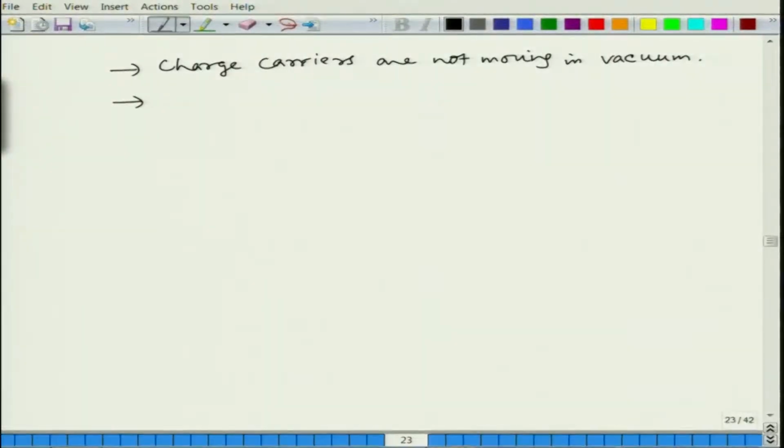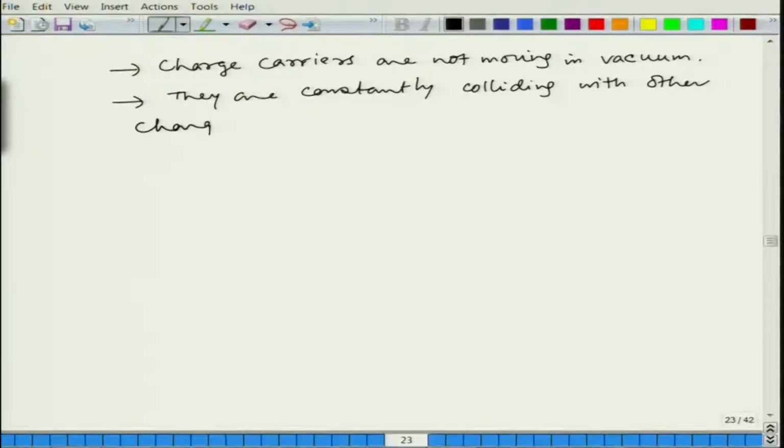So, they are constantly colliding with other charge carriers and atoms in the lattice, isn't it? So, by the process, what is happening?